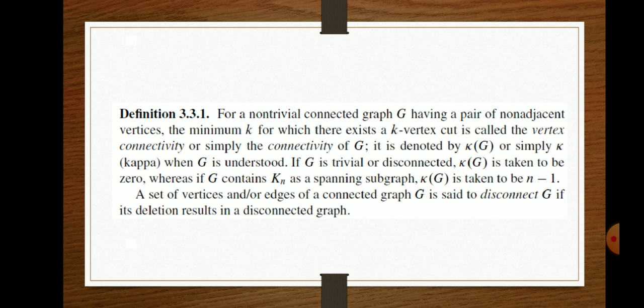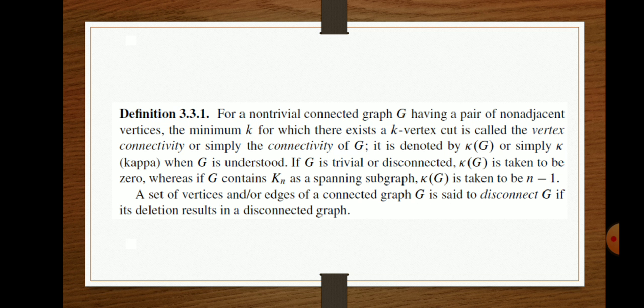Someone removes 2 vertices, the resulting graph is also disconnected. So by removing 2, 3, or 4 vertices, the graph is disconnected, but the minimum number of vertices removed to disconnect the graph is 2. We also consider 4 and 3, but the minimum number is 2.